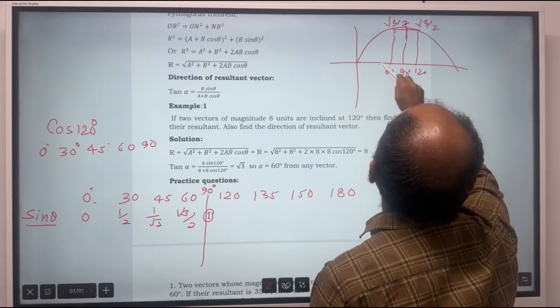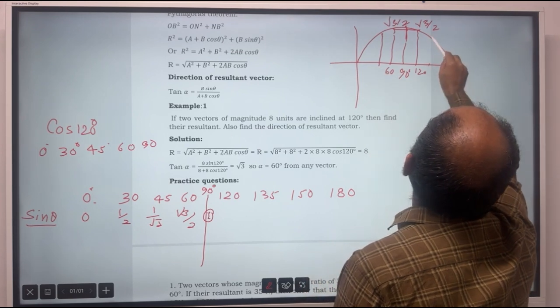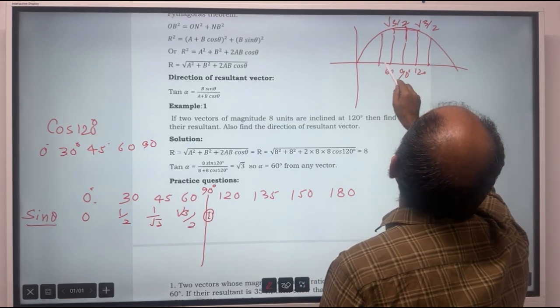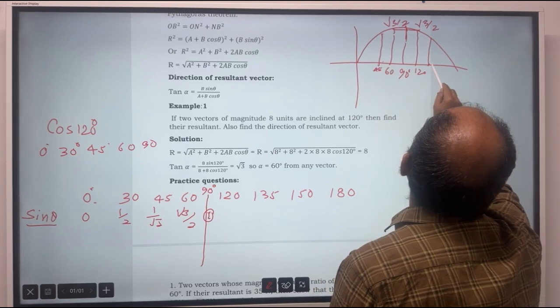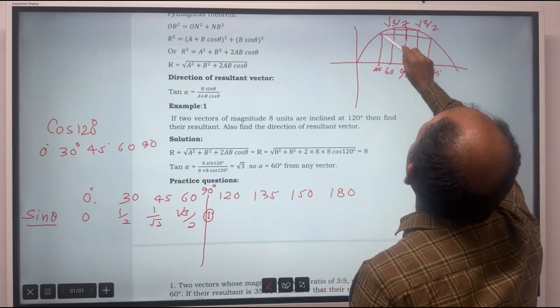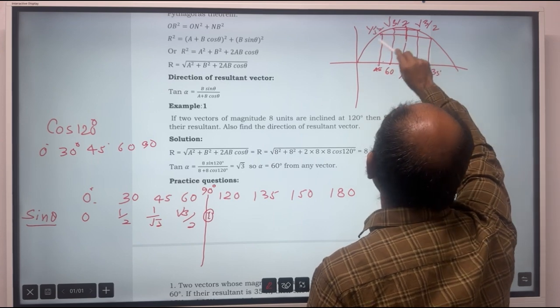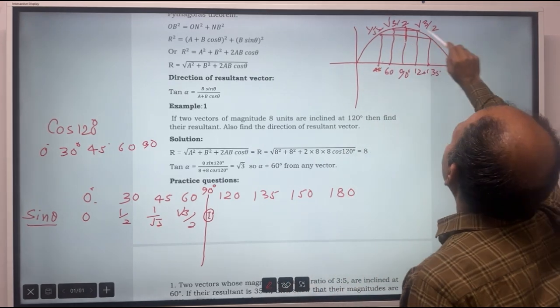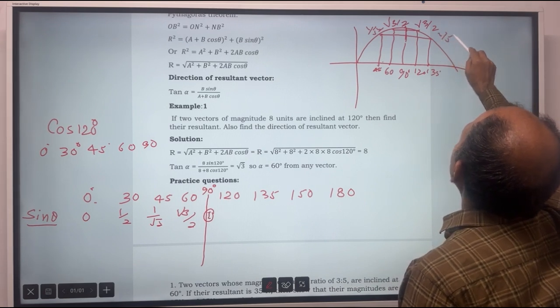Similarly, if you move back, suppose you come to 45 degrees, similarly you move ahead by the same gap, 15 degrees. This is 45, so just add 15 to get 135. So these two values will be the same. Sine 45 is 1 upon root 2, so sine 135 will also be 1 upon root 2.